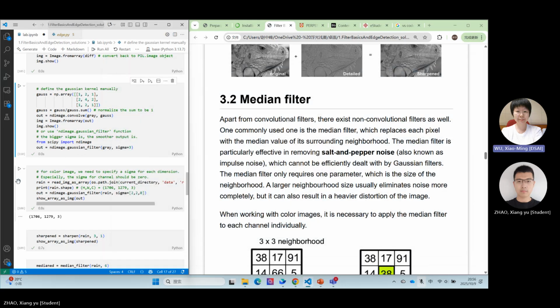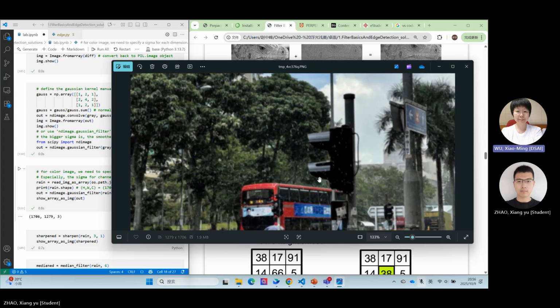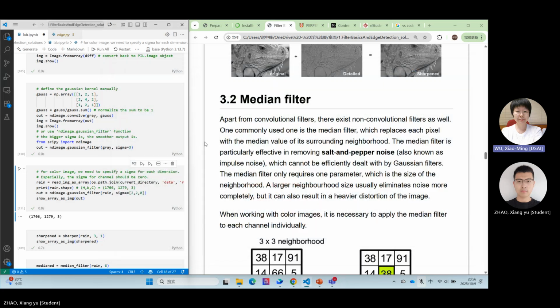Oh, sorry. This. You can see there are some rains in the images, and using the Gaussian filter, it doesn't have any effect. But when you use the median filter, it can remove the rains from the images effectively.